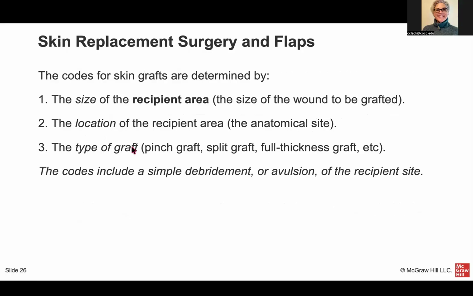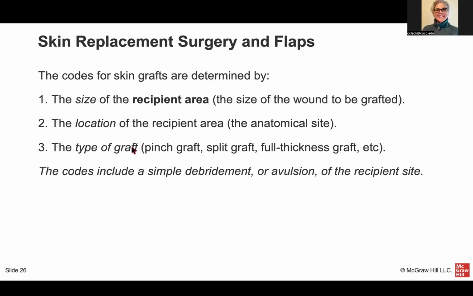Skin replacement surgery or grafts is another area where specific code selection logic applies. Skin grafts are used when there's tissue loss that can't be repaired by just closing the edges. And think of burns, traumatic wounds, ulcers, post-excision defects.